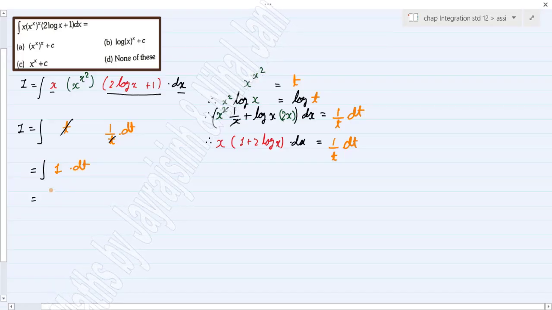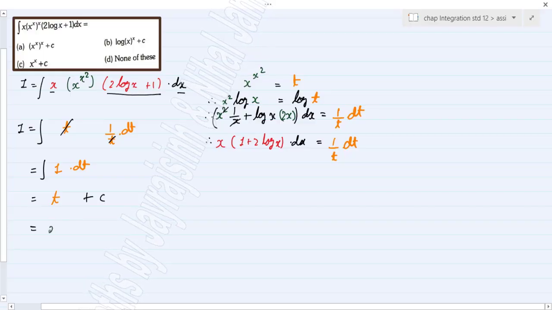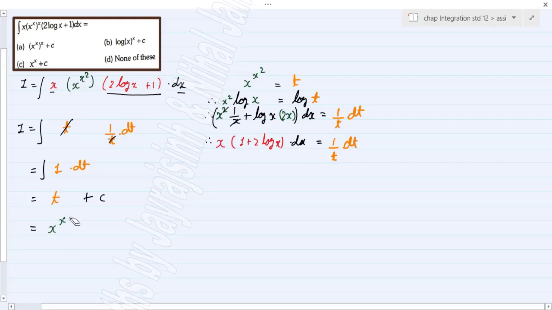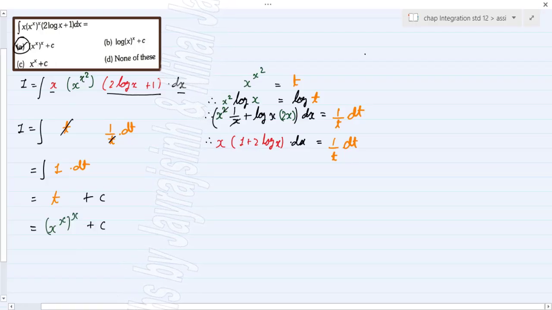Integration of 1 with respect to t will be t plus c. And to get the final answer, just substitute the value of t, which is x raised to x square, or we can say x raised to x whole raised to x plus c, which is given in option A. Ta-da!